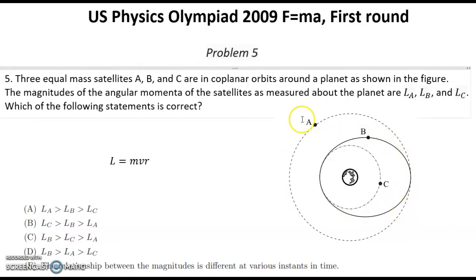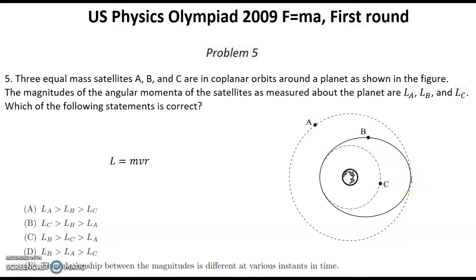So first, satellite A has a circular orbit, and let's compare this angular momentum with the momentum of satellite B. In this point, satellite B has less velocity than satellite A and the same radius vector.